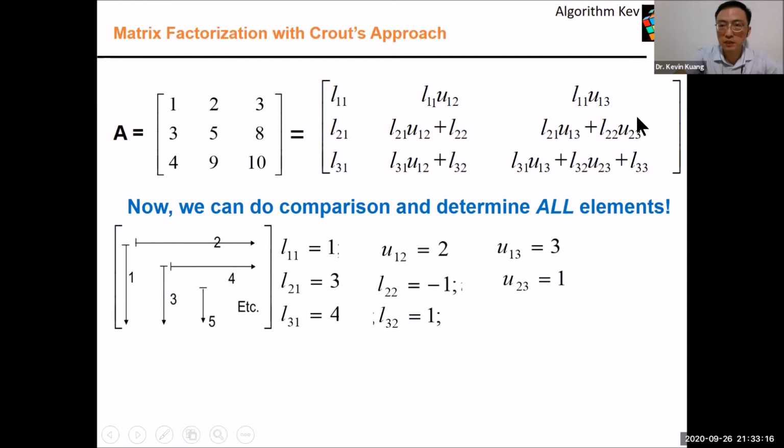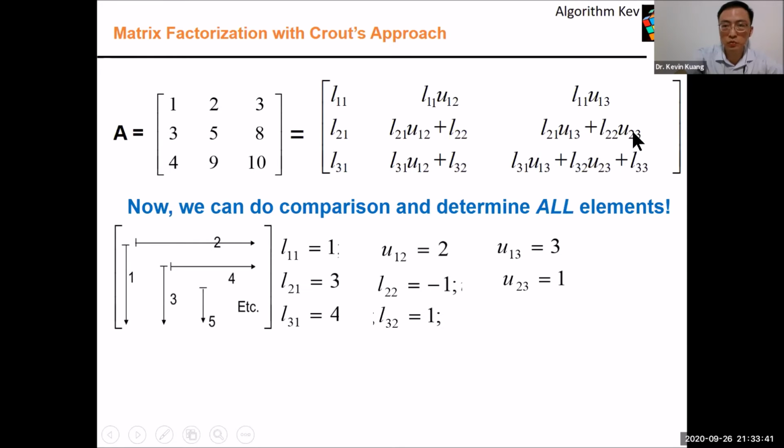Now let's continue on. For this case, the only unknown is U23. L21 is already known, that's 3. U13 is 3 as well. So 3 times 3, that gives us 9. So this has got to be a -1 because we have to end up with an 8, since this is a 9. And L22, we have known that to be a -1.